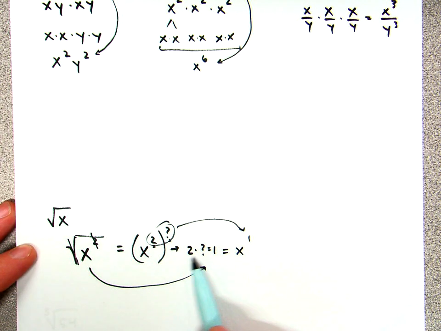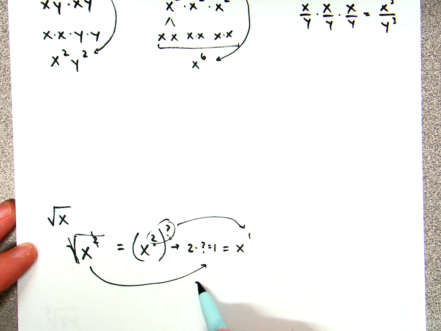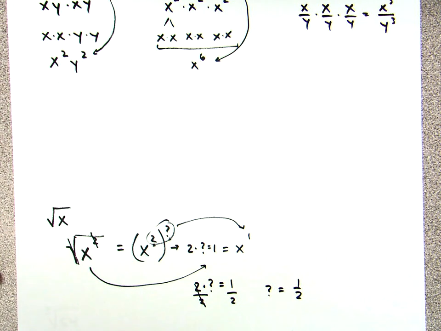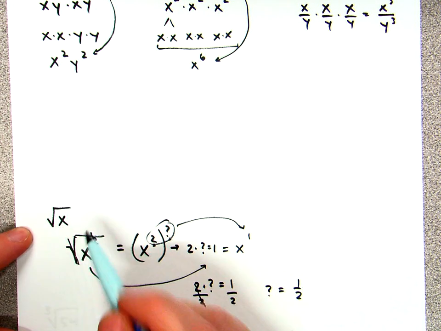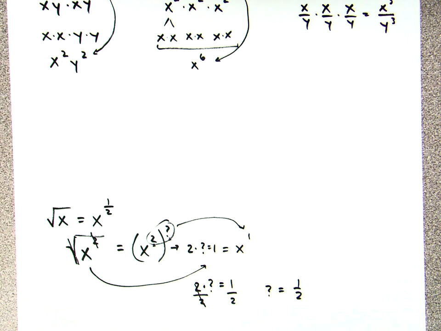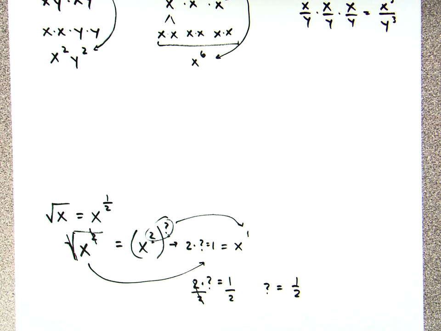So what value would we multiply 2 by in order to get 1? Well, we can undo multiplication with division, and we can say that this unknown exponent would have to be a 1/2 exponent. So a square root is the same as writing it as a 1/2 exponent.